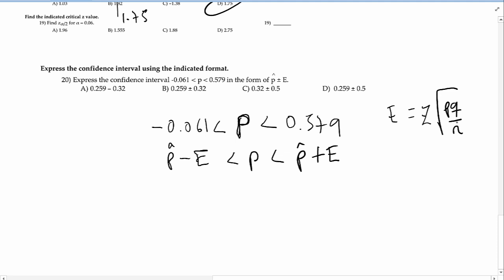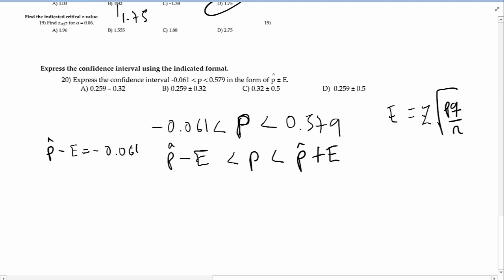What we want to know is what is this p minus e and p plus e. Well, the proportion in the sample minus the margin of error is equal to the first number, which is negative 0.061.